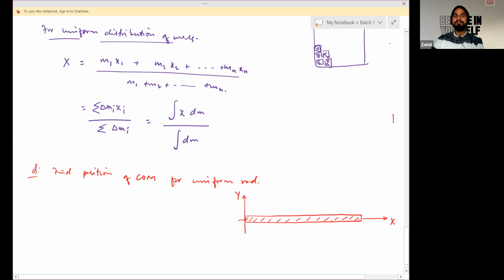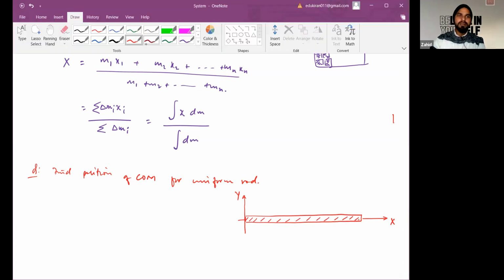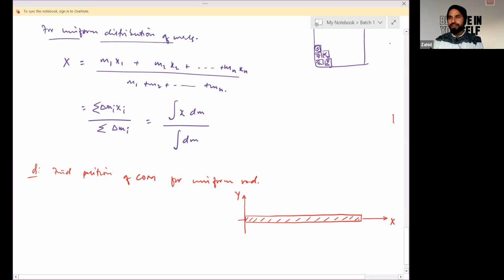Is it clear? Yes, sir. So first, cut out a portion of it. Let's say at this point, it will have mass dm, having length dl, and it will be at x distance from the origin.